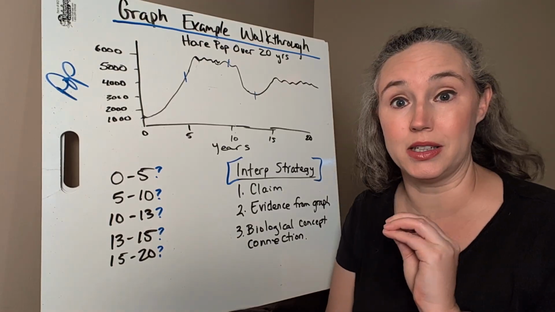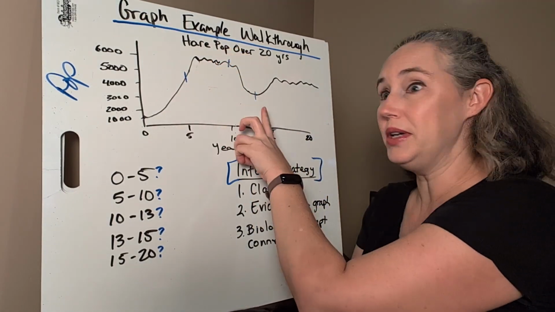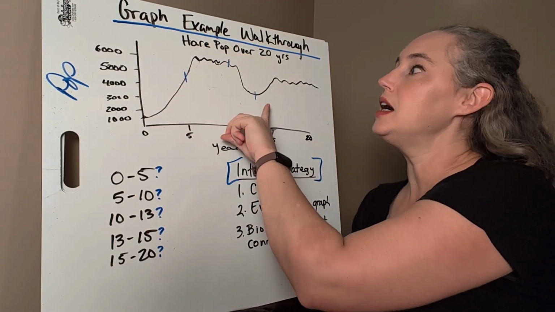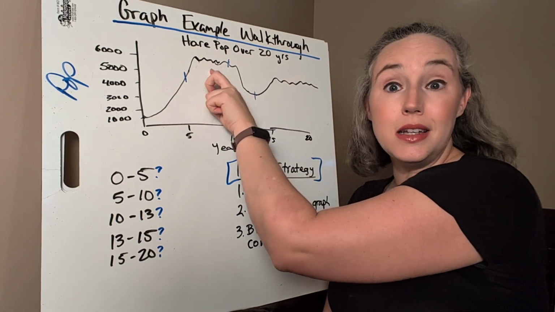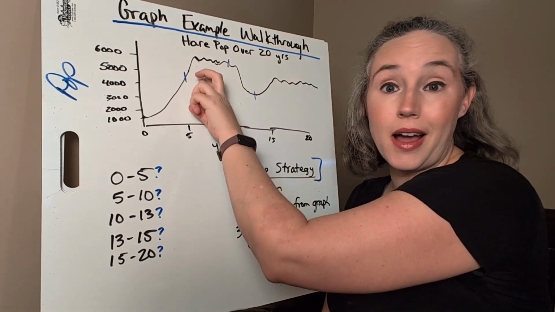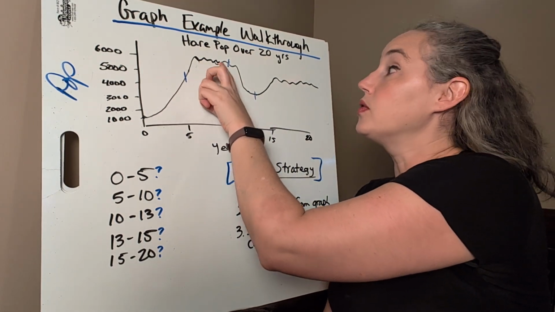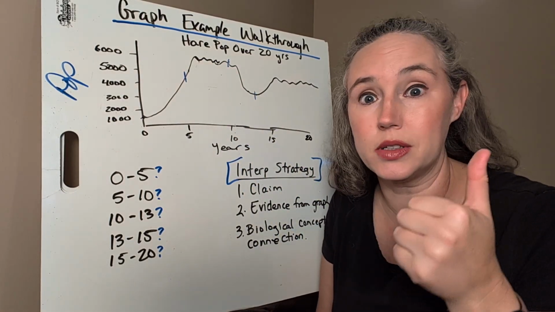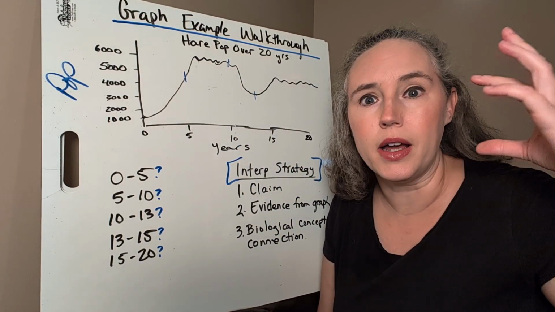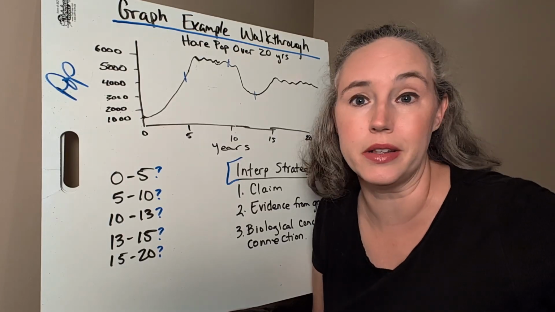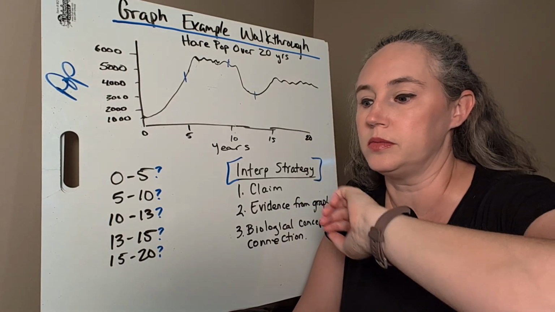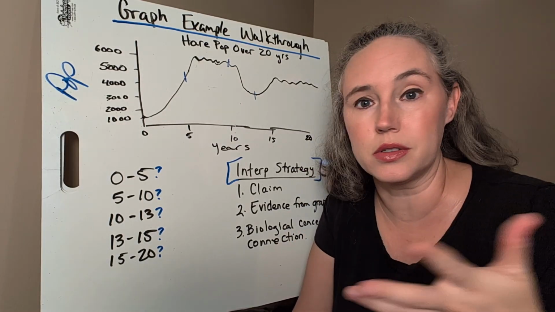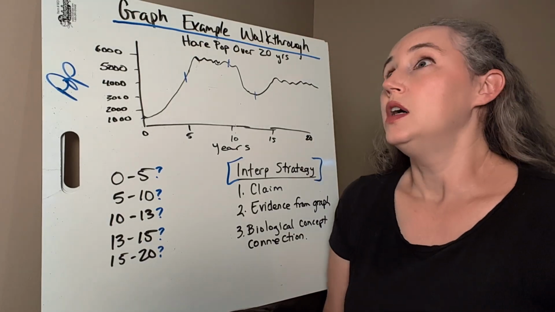Now we could also make a claim that this big dip is not due to density dependent limiting factors like lack of space or food, but from some density independent limiting factors. So maybe deforestation, or we need to think about where do rabbits live, right? They live on the edges of forests and fields and stuff.